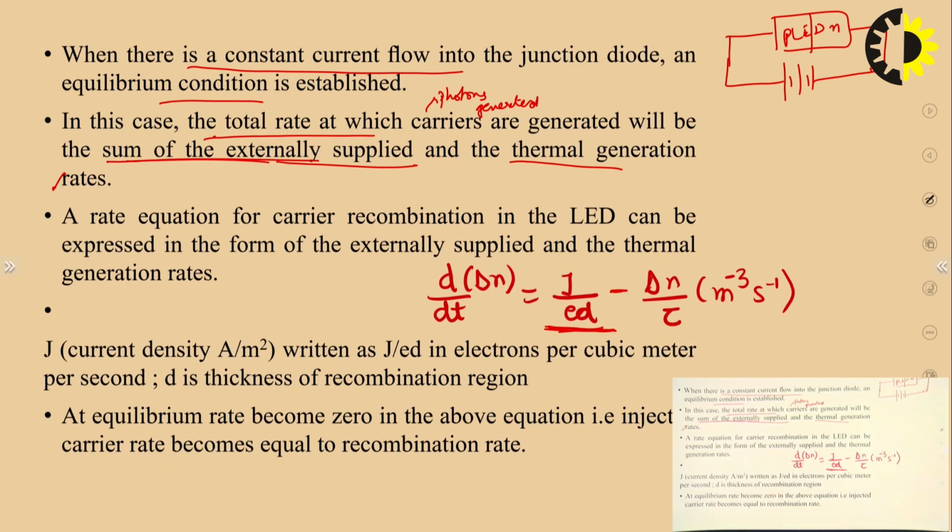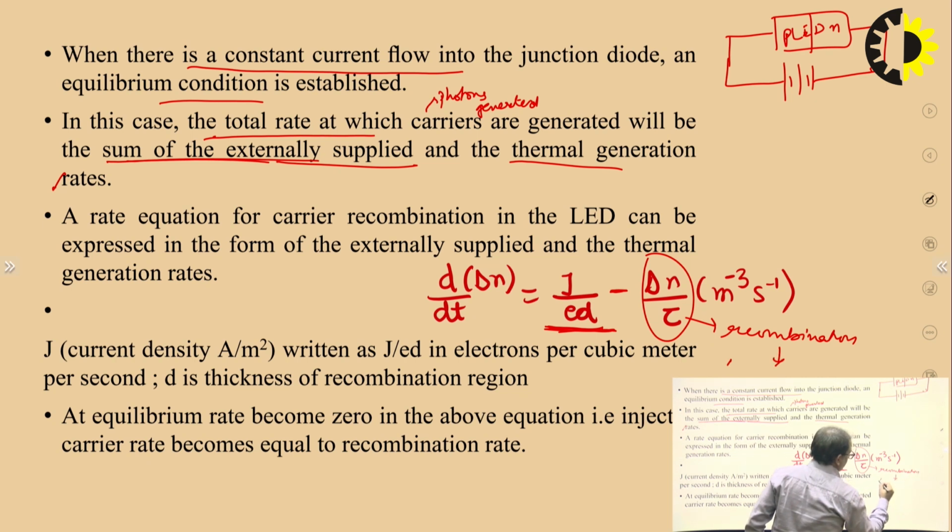नाउ सी दिस इज अ recombination and this recombination consists of radiative plus non radiative, clear.